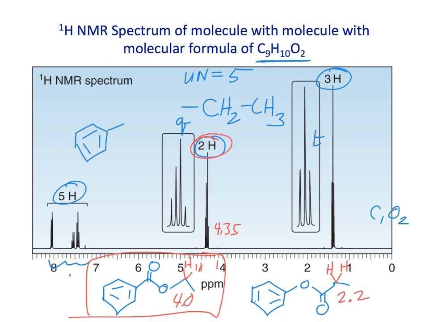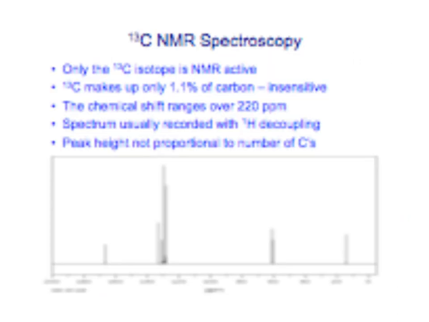Yeah, question? Would you also see a singlet on the one on the right? On the one on the right, no, there wouldn't be a singlet because this is still a CH2 next to a CH3. Right? So we still have an ethyl group. All we have as far as proton, we have an ethyl group and we have a monosubstituted benzene ring in both cases.